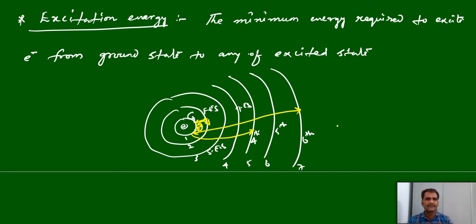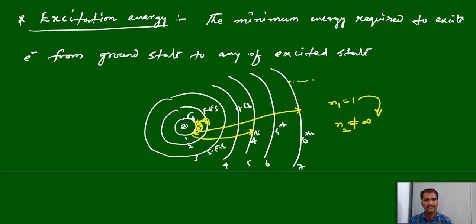So in case of excitation energy, the final n2 value should not be infinity. Anyhow, n1 is always 1 only, we excite the electron from the ground state to any of the higher states. It may be 2, 3, 4, 5 and so on, but not infinity. If it is infinity, then instead of excitation energy, we call it the ionization energy.